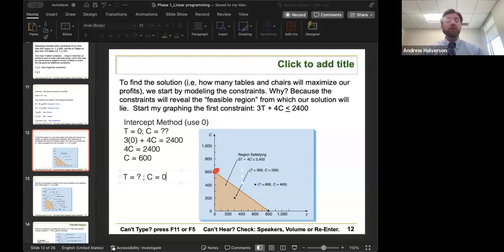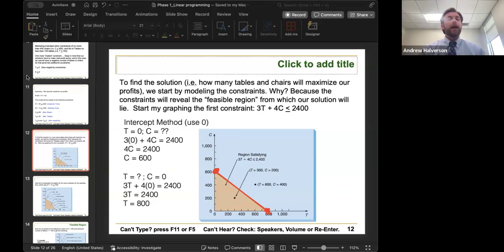Move 0 into the other variable. Now we solve for t, and we get t is equal to 800. So when c is 0, t is 800. Go to the t-axis and put a dot on 800. Now we've got two dots. You connect the dots with the line. There's the barrier. That's all you need to do.